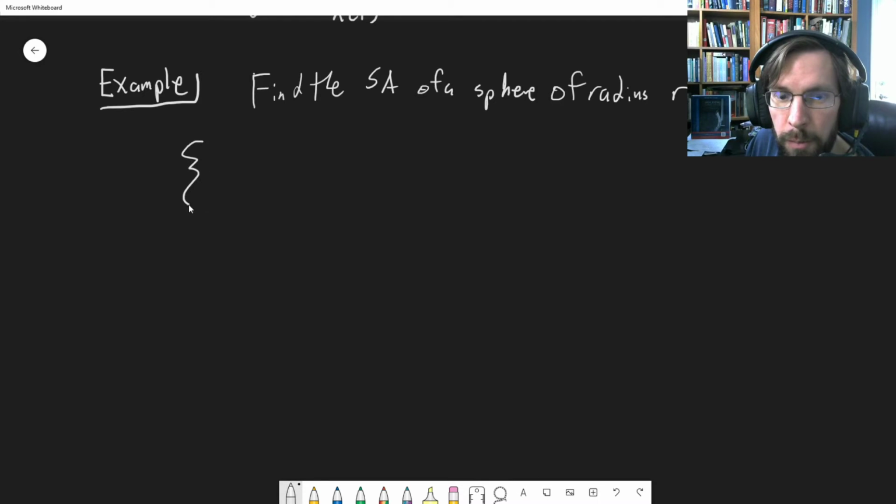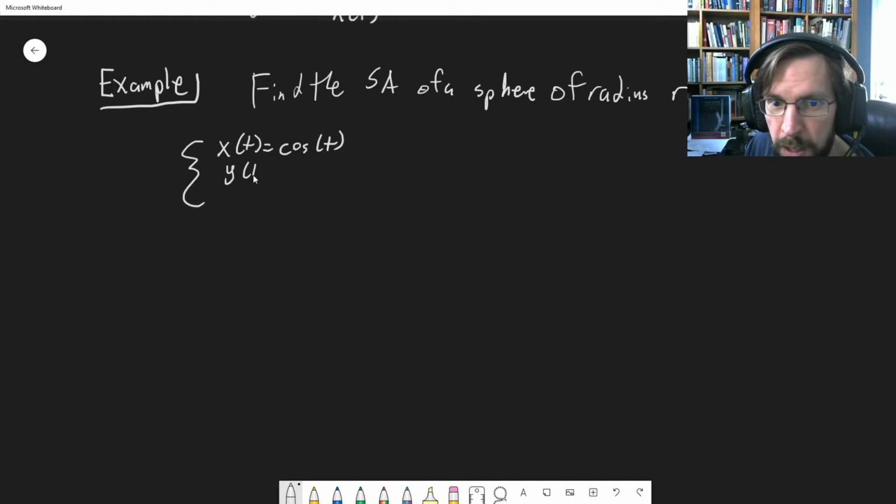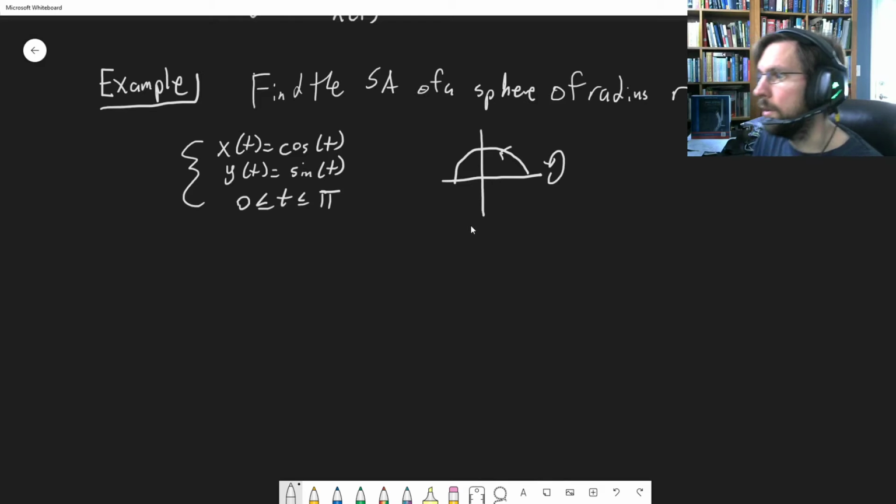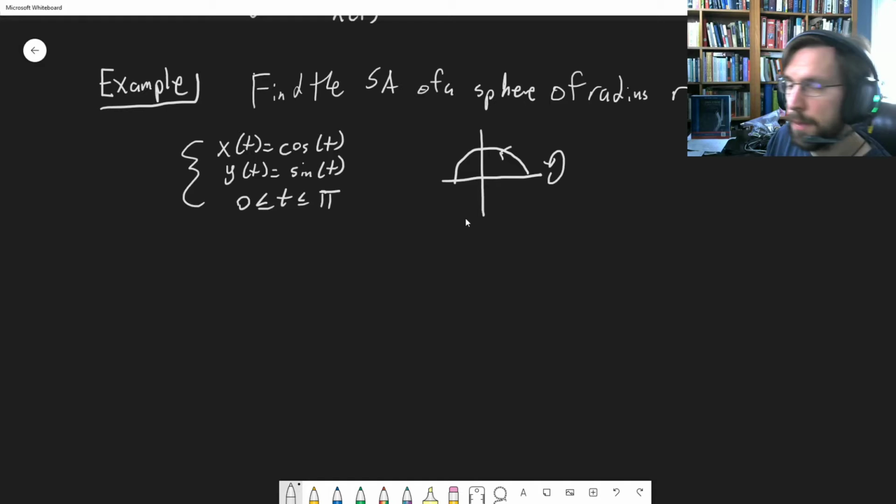Let's take the following parametric curve. We're going to let x of t be equal to cosine t, y of t be equal to sine t, and we're going to let t go between 0 and pi. We're going to rotate it about the x-axis. This way we get the top semicircle, and we take that top semicircle, rotate it about the x-axis, and we're going to wind up with the full sphere.